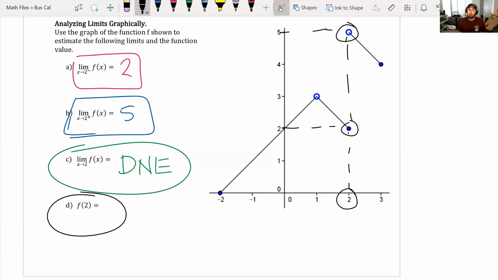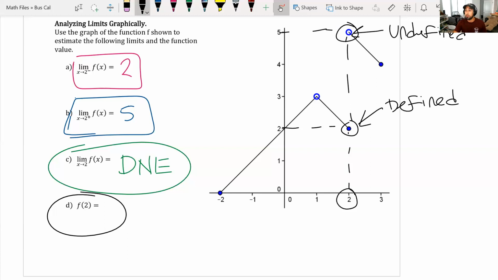Well, when it's asking for a y value, we only state defined points. Remember that a closed circle is a defined point. That is defined. An open circle is undefined.